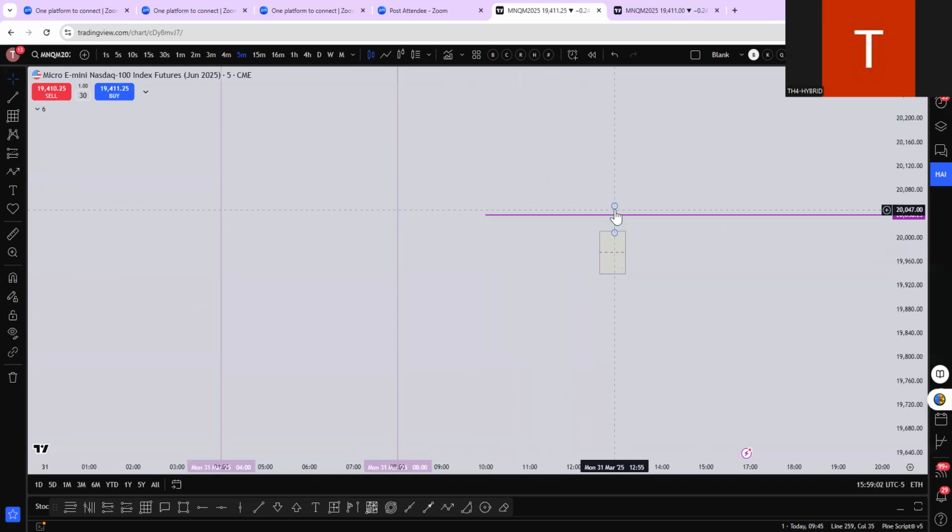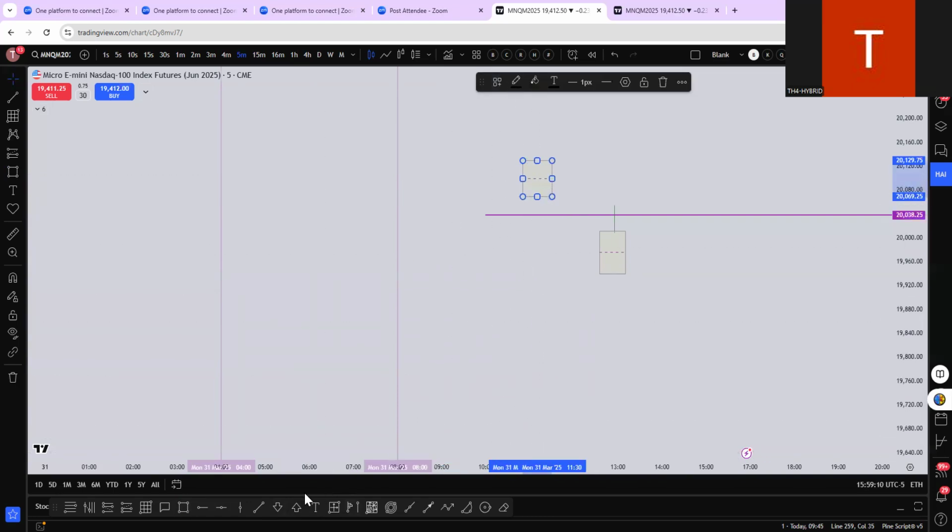If we fail to put bodies above it, then we're selling that level. Inversely, if it is a bullish key level and we are wicking it, then we are buying the key level.